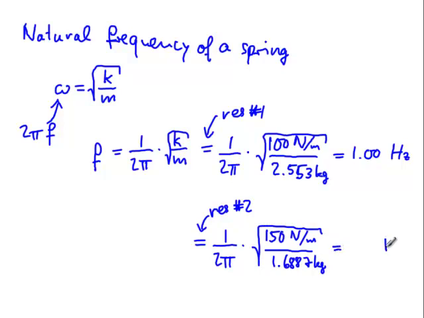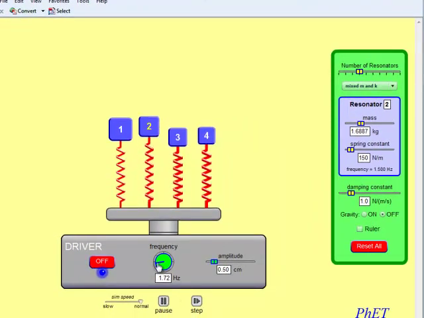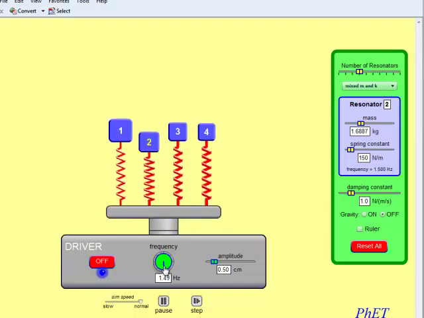The unit of course is hertz. And when I do that, I come up with 1.49999 hertz, so around 1.50 hertz. So when I move this one back here, I'm going to go down here to 1.50 hertz.